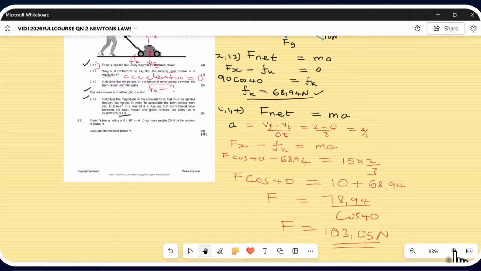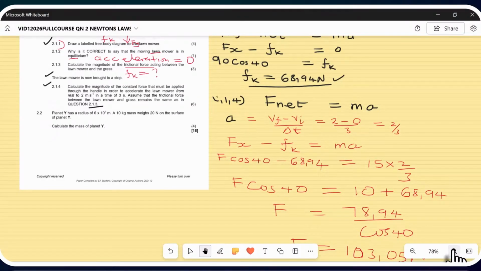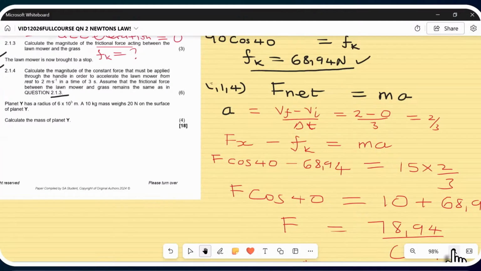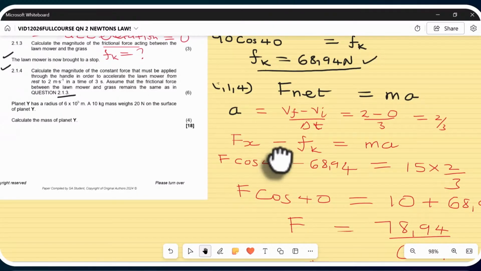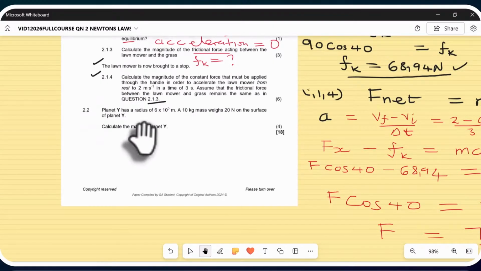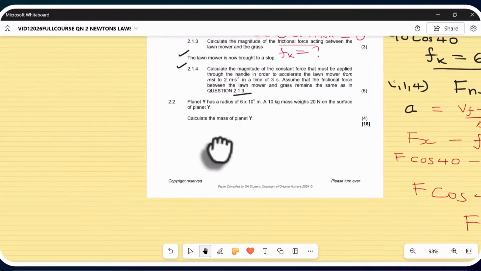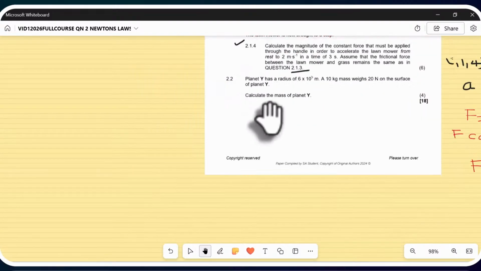Okay, now we know that first of all, how do you find weight? How do you calculate our weight? Weight equals to mass, okay, times what? Times gravity on that planet, or just call it G prime. So the weight they gave us is 20. 20 equal to the mass.